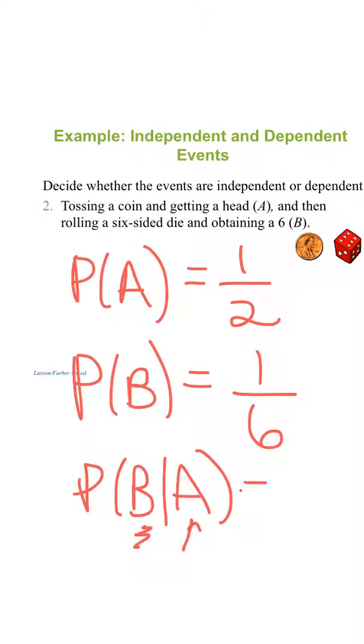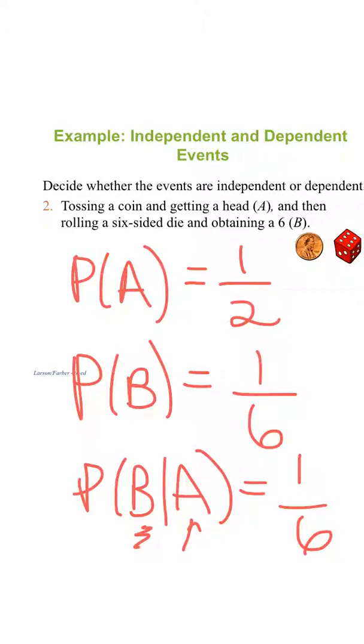The probability of rolling a die and getting a 6 is not affected by the fact that I already flipped a coin and got heads. So the probability of rolling a 6, given that I've already flipped a coin and got heads, is 1 out of 6.